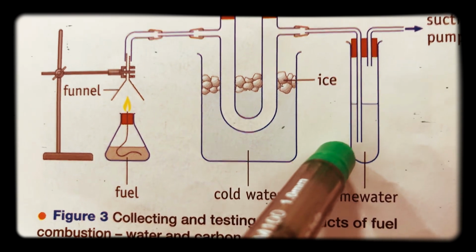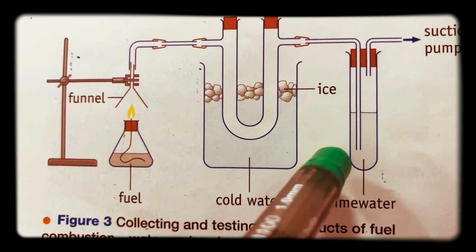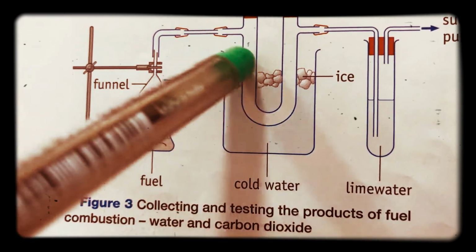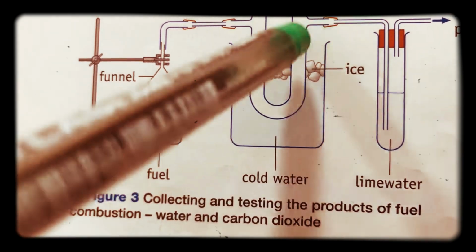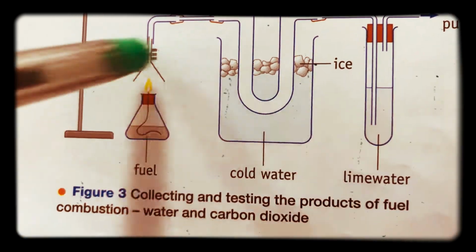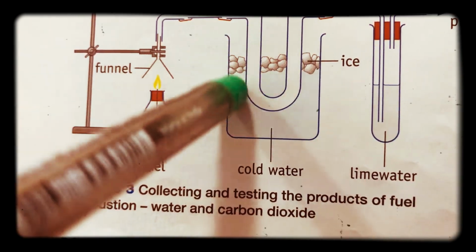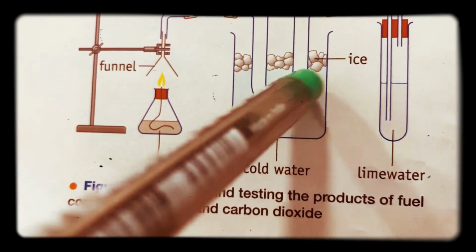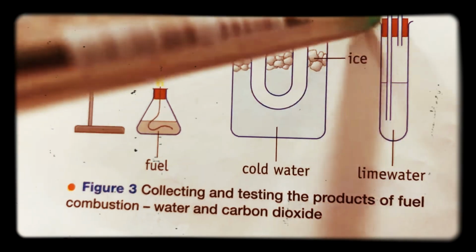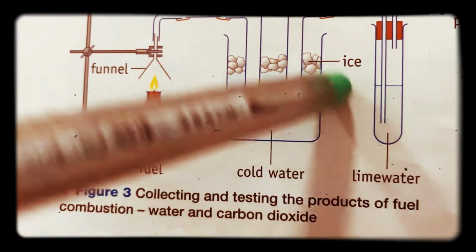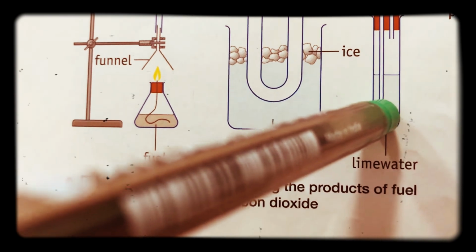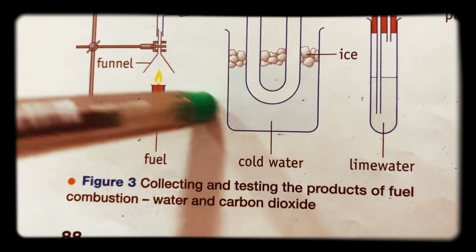So this experiment shows the way to collect the products of combustion. The gases are pulled through the apparatus by a suction pump, and due to the ice bath around this U-tube, the water vapor produced will condense inside, and the carbon dioxide bubbles through the lime water, which turns from colourless to milky. So these are the two products.